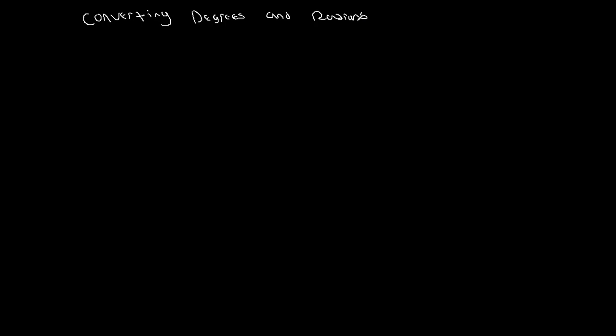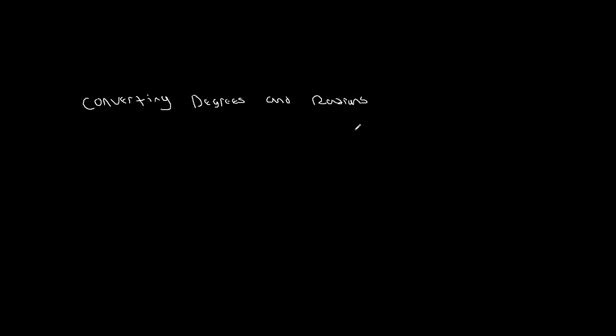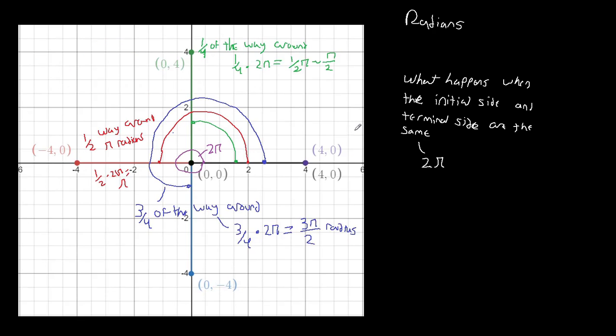So what I want to do is go back and look at our definitions for degrees and radians. We're just going to scroll up a little bit in our notes here, and we're going to see that we've defined radians as: if you start at an initial side and you go around to a terminal side that is the same side, right? That act of going all the way around, we've defined as 2 pi.